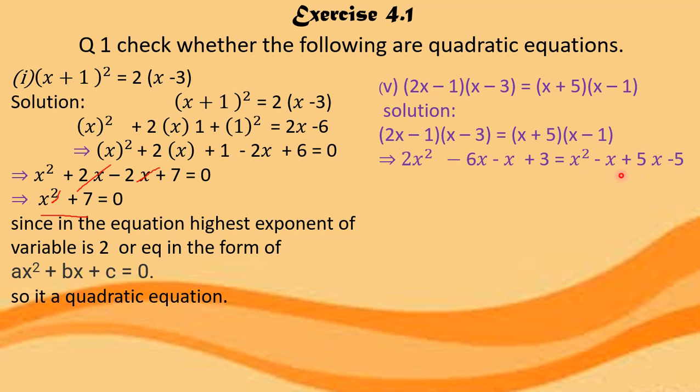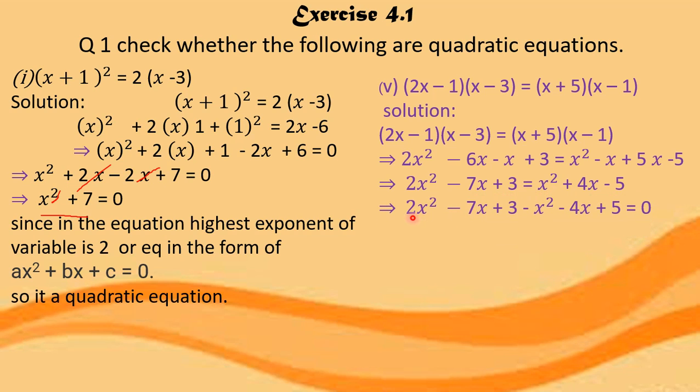Now what are the like terms on the sides? First let us solve them. Here it is minus 6x and minus x, which becomes minus 7x. Minus x and plus 5x becomes plus 4x. Now all the quantities on the right hand side transpose to the left hand side.